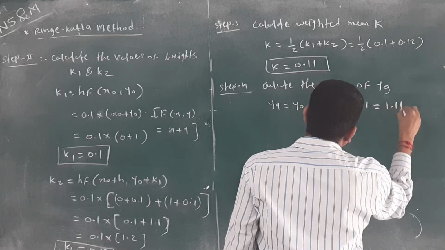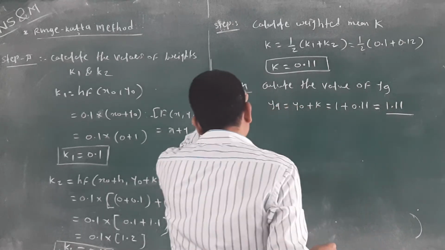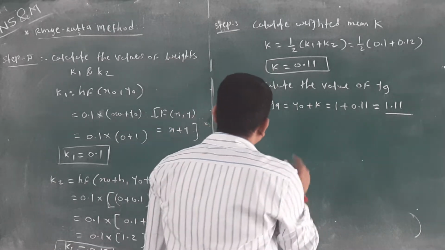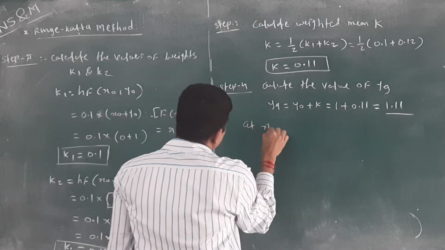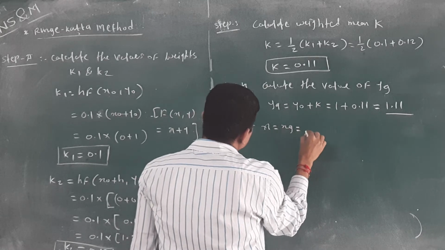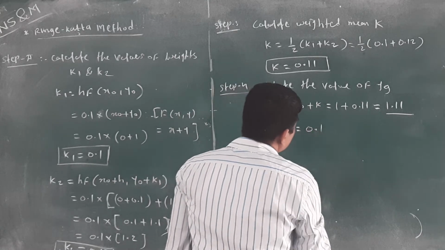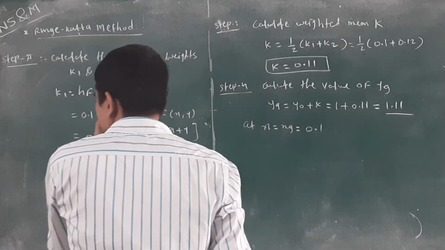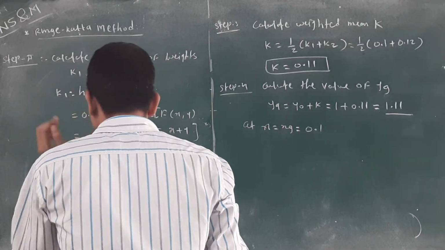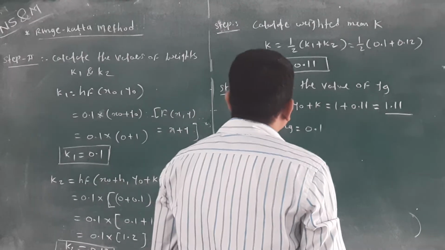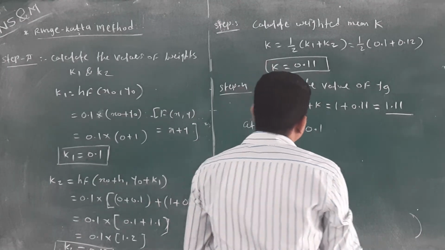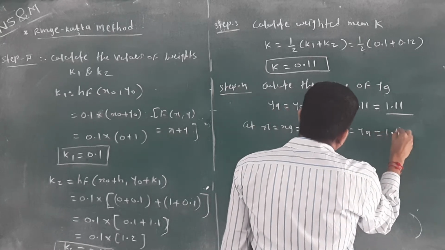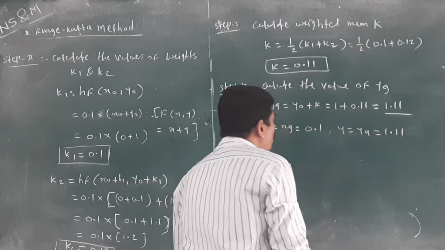You will get 1.11. Okay, we have calculated this yg at x is equal to xg, which is given as 0.1. Then we are getting y is equal to yg is equal to 1.11.